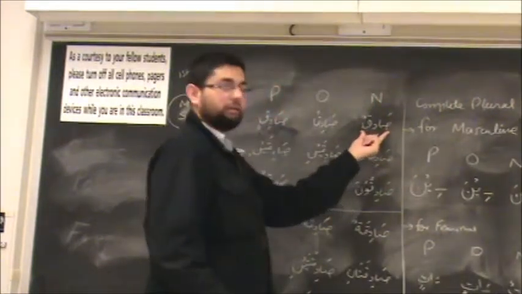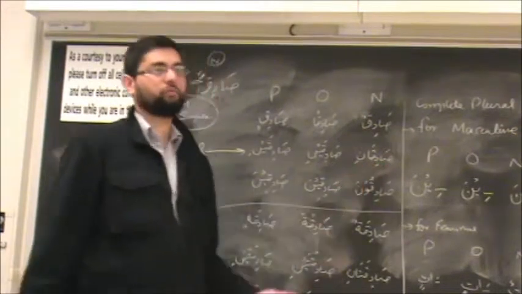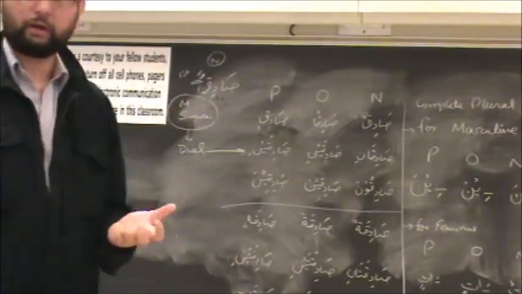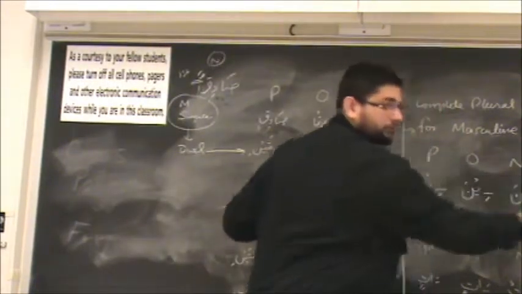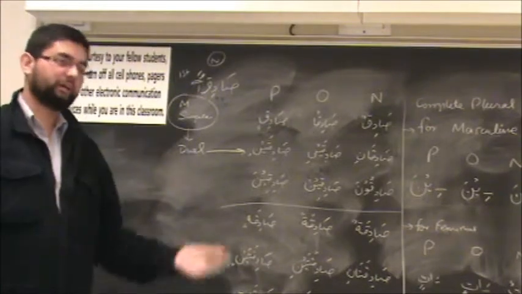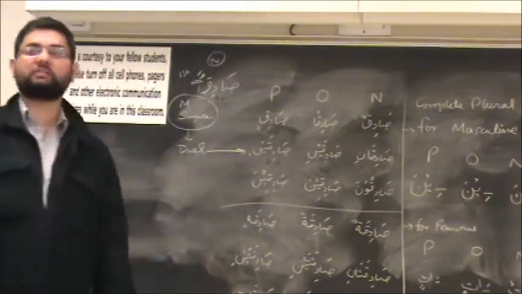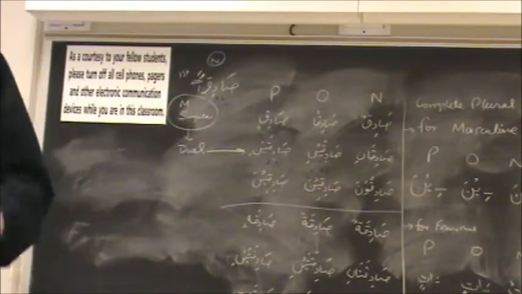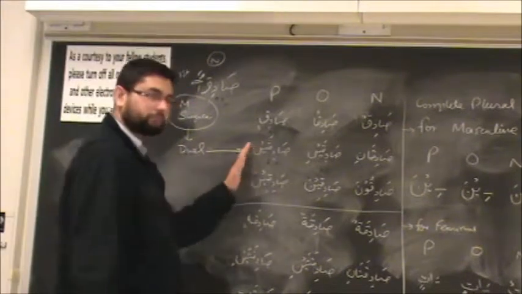So add ani after this, it will become sadiqani, which will mean two truthful men. And in this case, you add aini to this, so it becomes sadiqaini. And you again add this to the end, and it remains sadiqaini. So sadiqani, sadiqaini, sadiqaini. Easy?